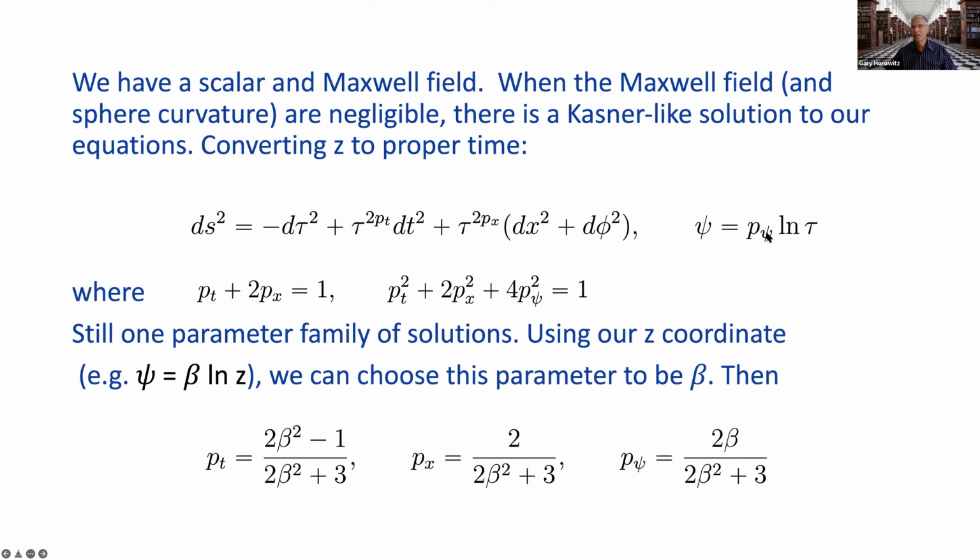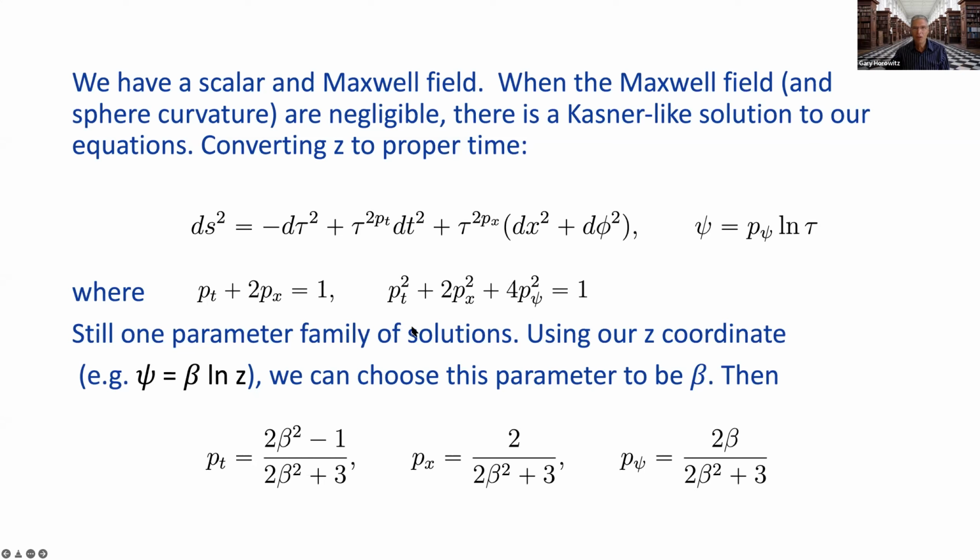So we get another coefficient from the scalar. So again, there's three unknowns. If they satisfy these two conditions, then our field equations with scalar field are satisfied. So these are just scalar field generalizations of the Kasner solution.